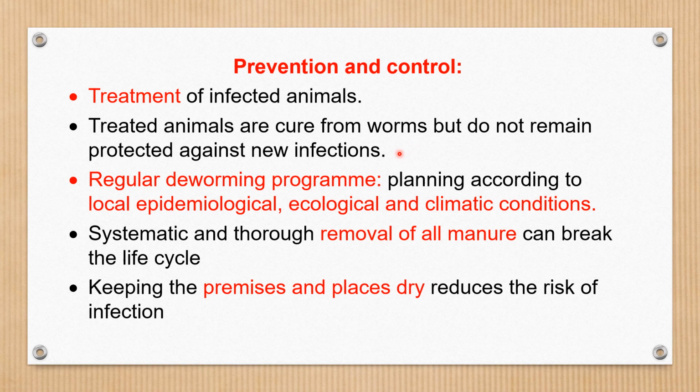So to prevent, regular deworming programs should be applied. The program is planned according to local epidemiological, ecological and climatic conditions to achieve effective results. Otherwise, again, there is a chance of resistance to anthelmintics.